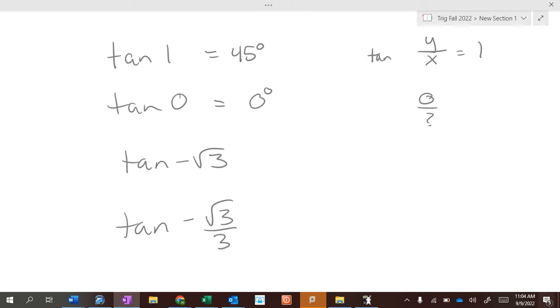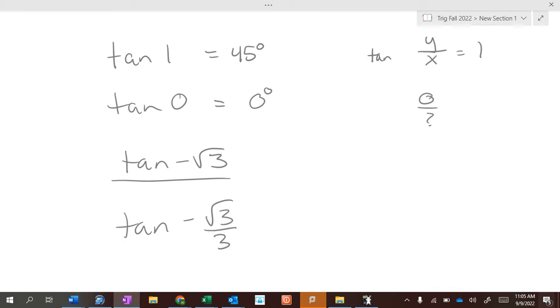Now, where is the tangent equal to negative square root of 3? Okay, now this is a little harder. There has to be a square root of 3 involved in either the x or the y. So it must be either negative 30 degrees or negative 60 degrees, right?